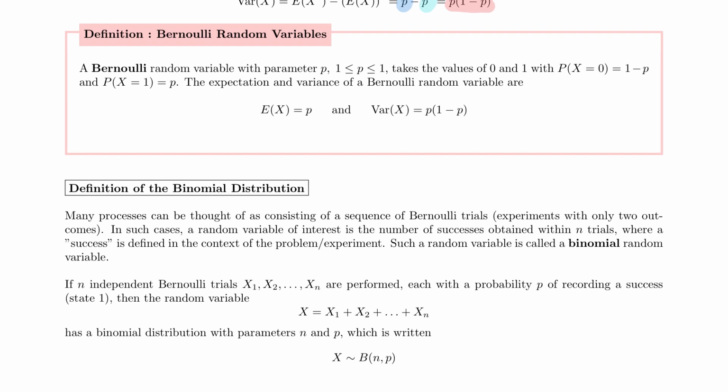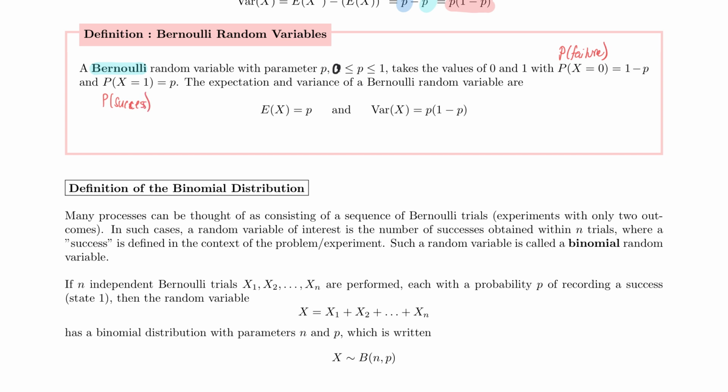It says a Bernoulli random variable with parameter p that's between 0 and 1 takes on the values of 0 and 1, with the probability that x is 0 being 1 minus p, and the probability that x is 1 being p. So again, these were what we called our successes or failures. This was the probability of a failure, and this was the probability of a success.